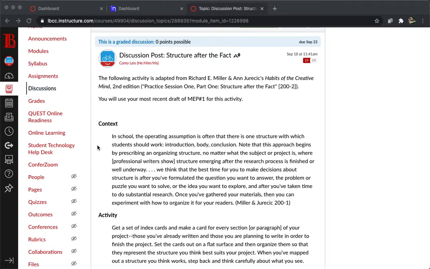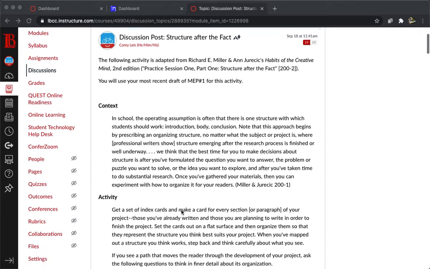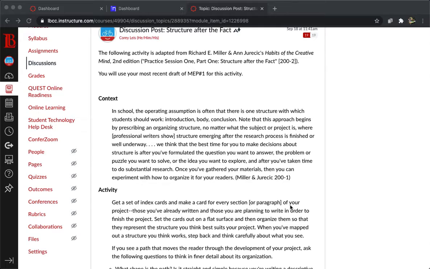We think that the best time for you to make decisions about structure is after you've formulated the question you want to answer, the problem or puzzle you want to solve, or the idea you want to explore, and after you've taken time to do substantial research. Once you've gathered your materials, then you can experiment with how to organize it for your readers."